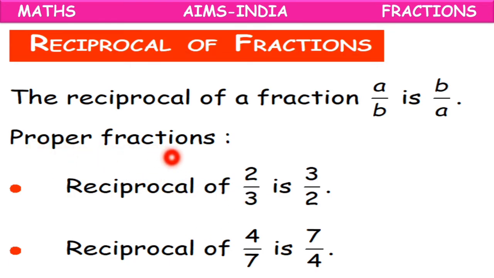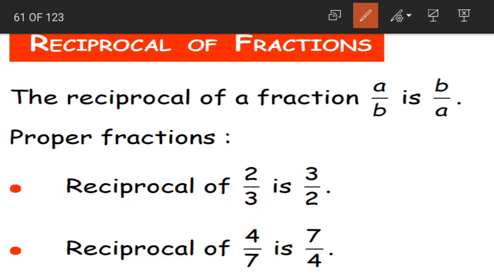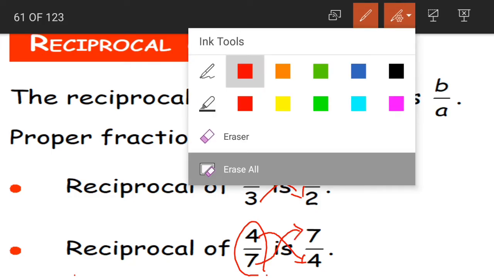For example, in proper fractions, the reciprocal of 2 by 3 is 3 by 2. Yes, 3 has gone up, 2 has come down. Now for the reciprocal of 4 by 7, what can it be? 4 will be the denominator, 7 will be the numerator. Understood, children?